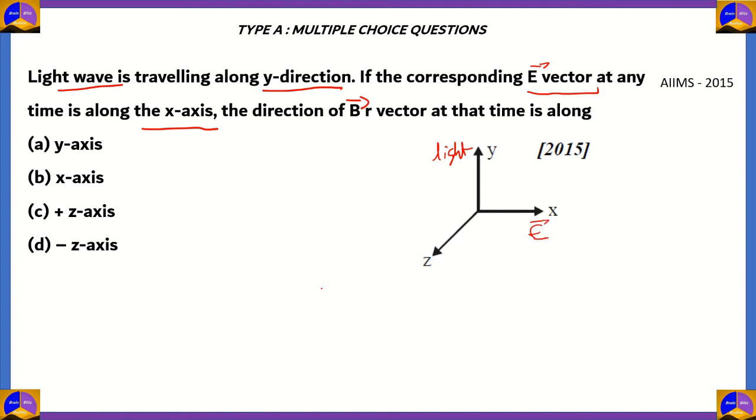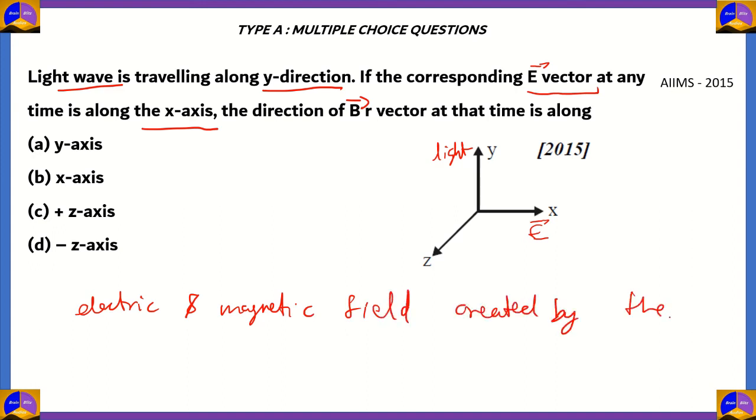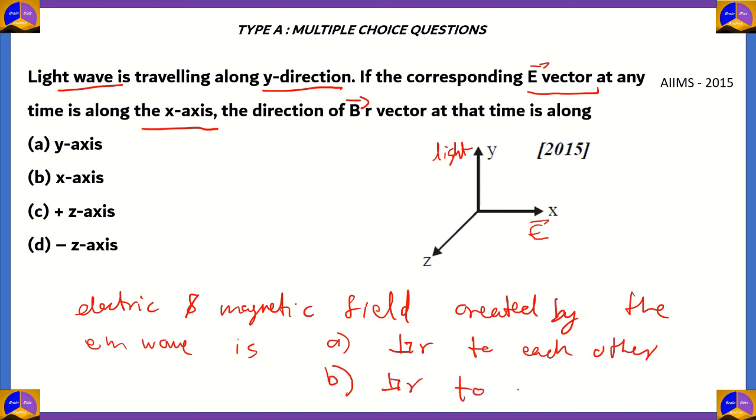And the postulate is that the electric and magnetic fields created by the EM wave are, A, perpendicular to each other, and B, perpendicular to the direction of the wave. So the direction of propagation of the wave will also be perpendicular to both these quantities.